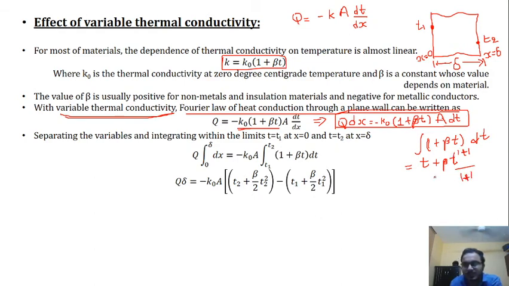So it will be T squared by 2, that's why we are getting this T2 plus beta by 2 into T2 squared, and the first is upper limit minus lower limit for integration. And when we further simplify this we will get this. So it may look slightly complicated, so we will try to solve this portion by portion.